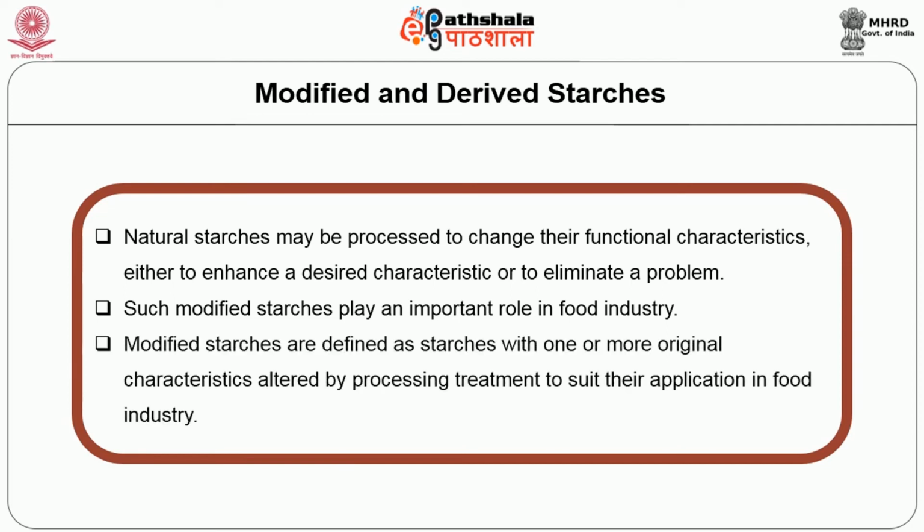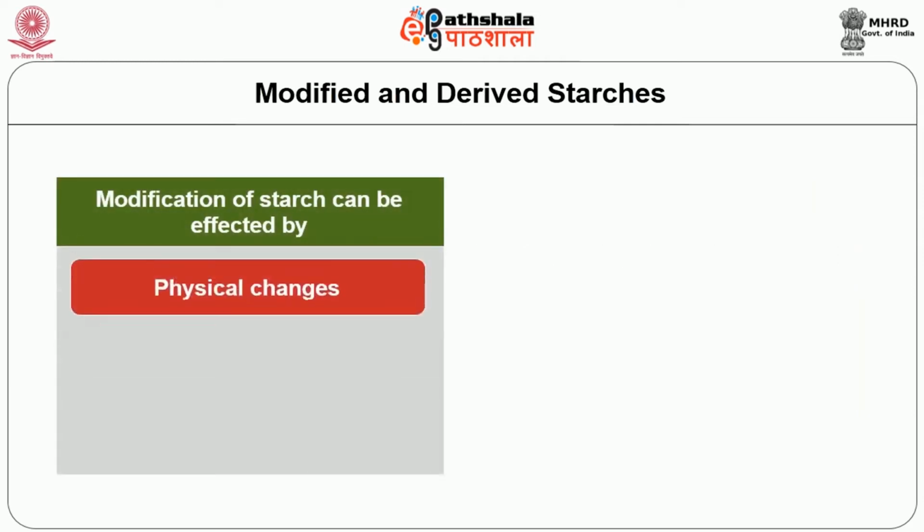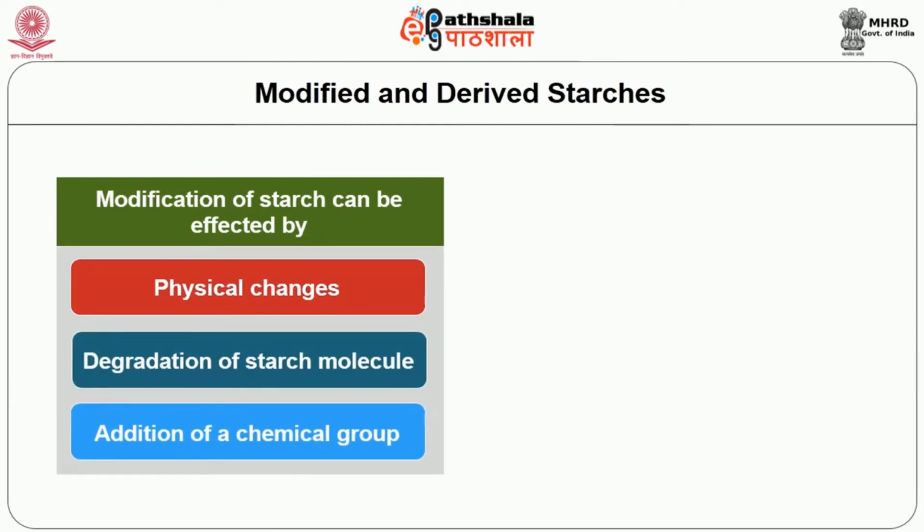Modified starches are defined as starches with one or more original characteristics altered by processing treatment to suit their application in the food industry. Modification of starch can be effected by physical changes, degradation of the starch molecule and the addition of a chemical group.